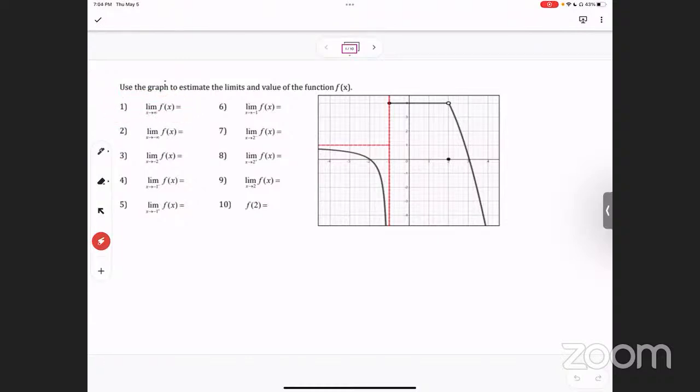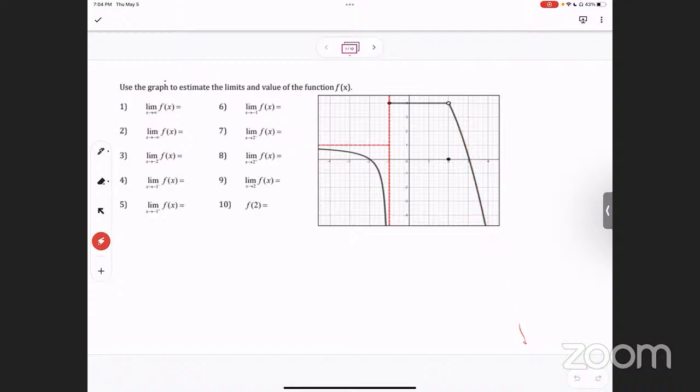Do you understand what this means? I'll just real quick explain it to you the way I think about it. The limit as x goes to infinity. I always like to jump on the graph and pretend I'm doing a trace function. If x goes to the right, my graph is going to be following down. What would you expect the value to be as x gets bigger and bigger?